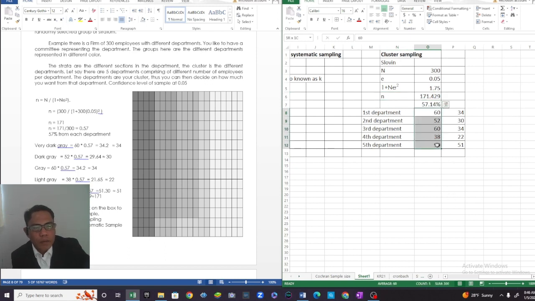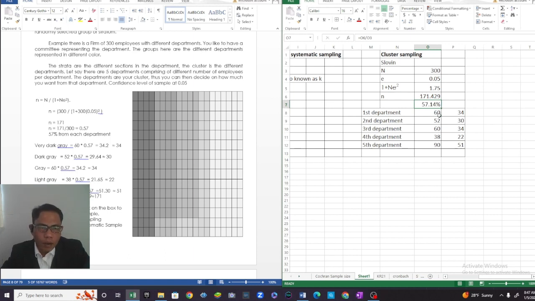So let's say you have 60 employees in the first department, 52, 60, 38, and 90. They are not equal numbers. So the question is, how much are we going to get per department? So we just simply divide our n over our population and we will have 57%.